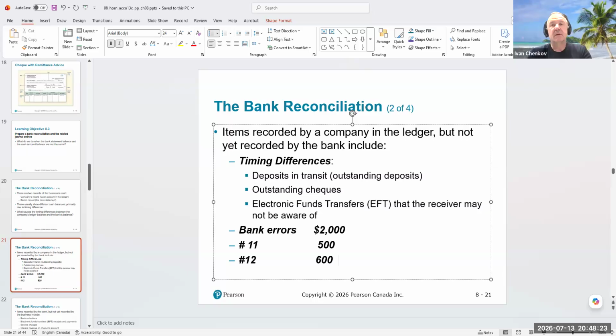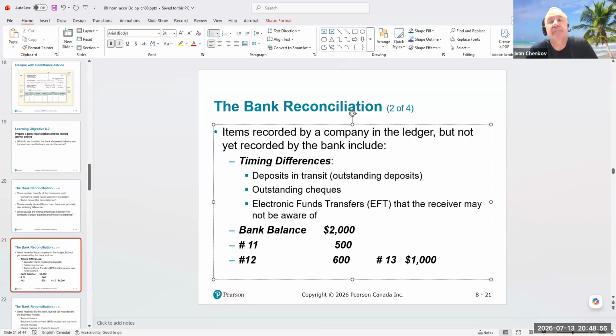My bank balance shows $2,000. Yesterday I wrote checks for 500 and 600, which are not yet cashed from the bank. The question is, today, can I write another check, number 13, for $1,000? Do I have that much money available?